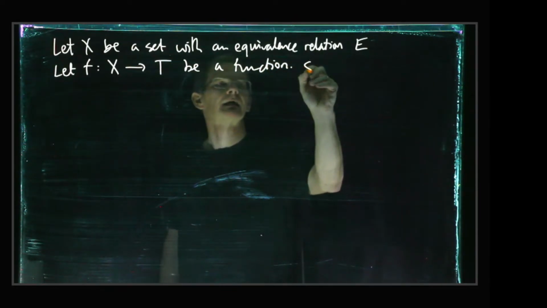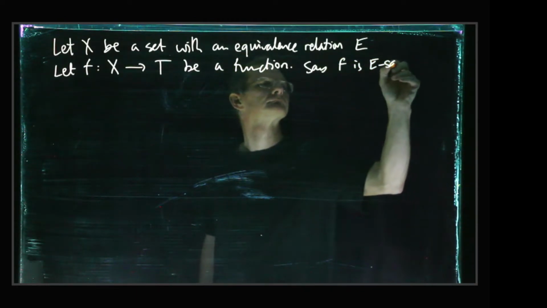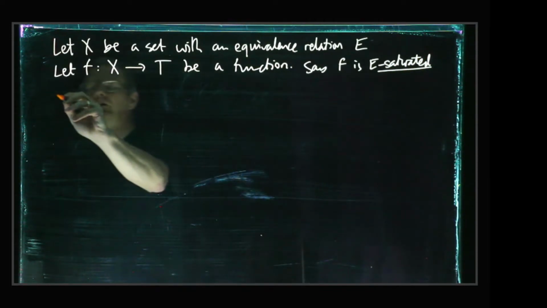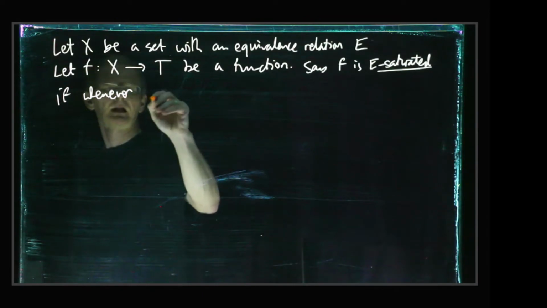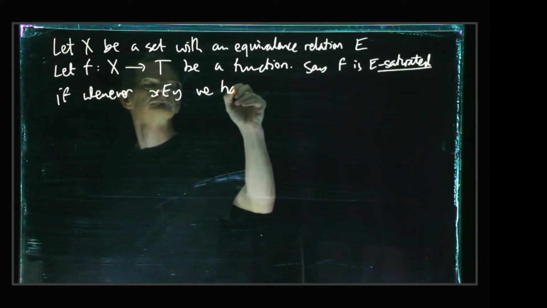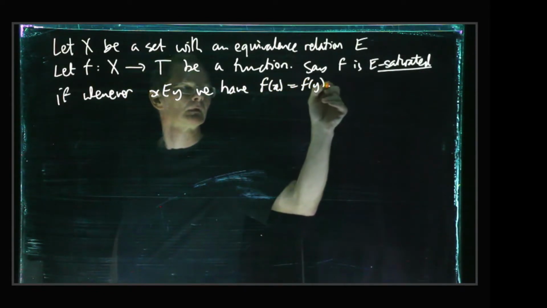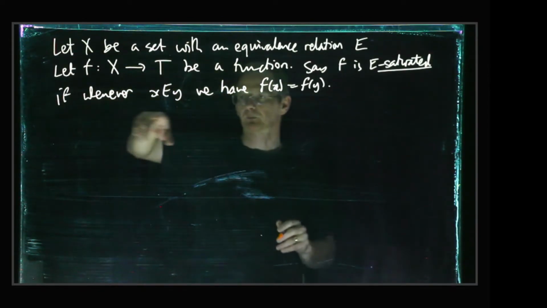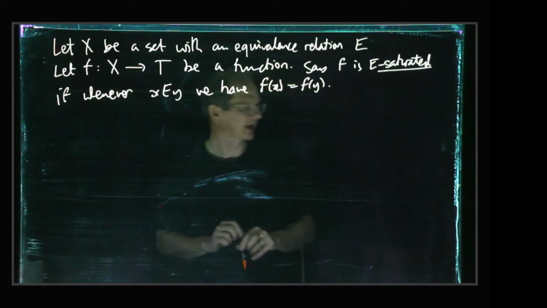And we say f is E saturated if whenever x E y, we have f of x equals f of y. So whenever two points are related by our equivalence relation, then they have the same image under f.